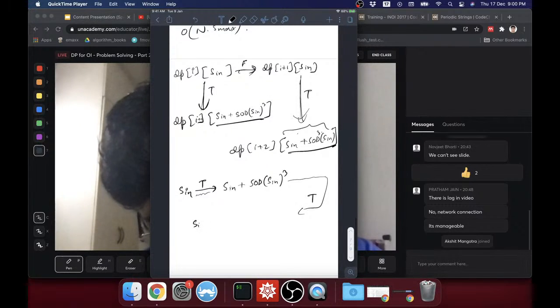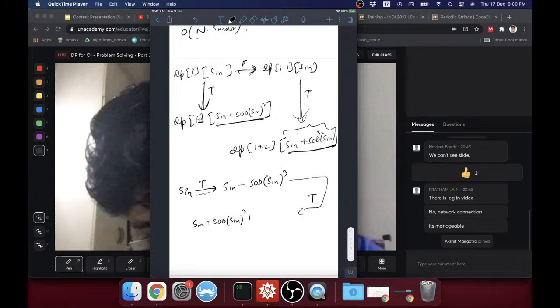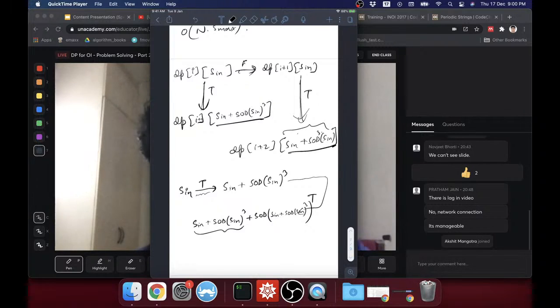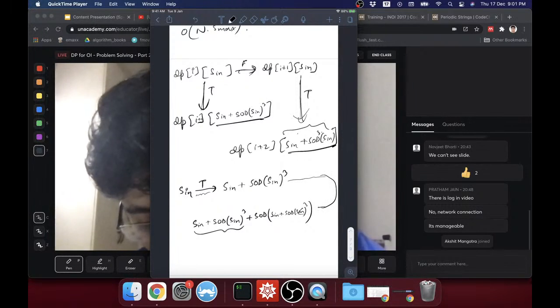It will change to S initial plus sum of digits of S initial cubed plus sum of digits of this entire thing. It's pretty messy, but I hope people get the idea of what's happening.